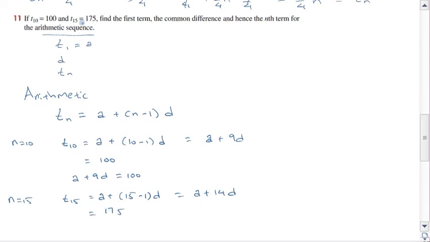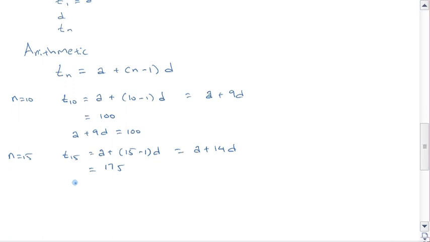Right, that's that bit of information there. So writing this all in one line, a plus 14d equals 175. Alright, so now we have a plus 14d is equal to 175, and also a plus 9d equals 100.